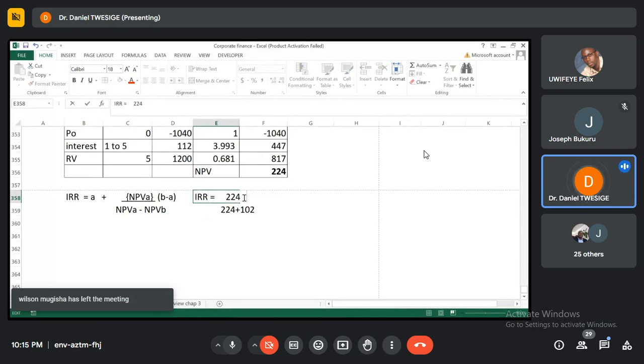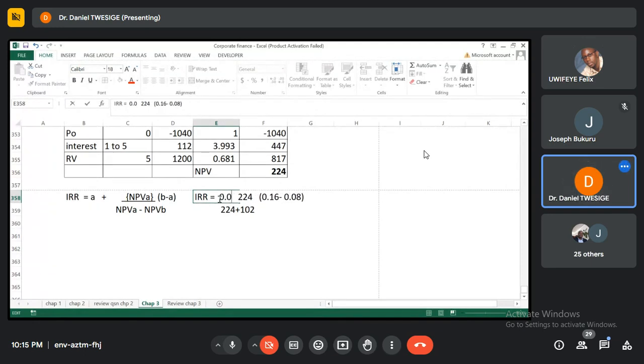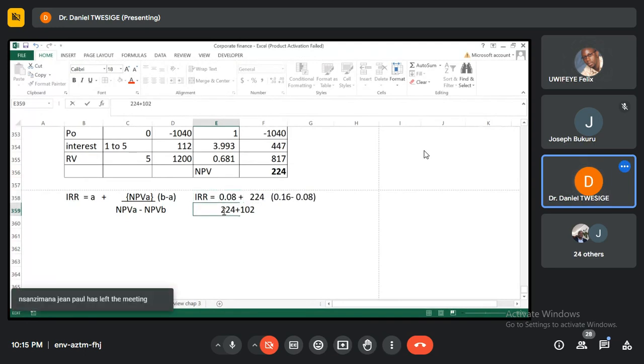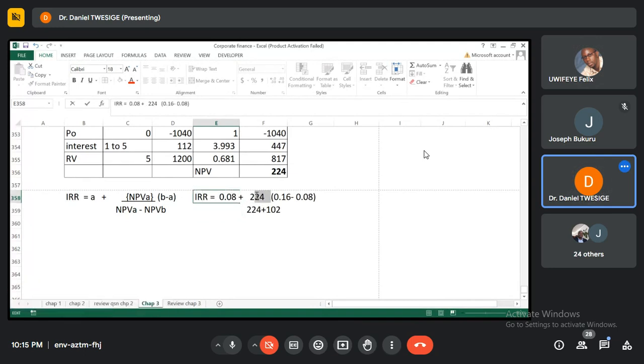Hope your calculator already got what you want. 0.16 minus 0.08, plus 0.08. I'm missing one item, which is 0.08 plus. Now waiting for your answer.